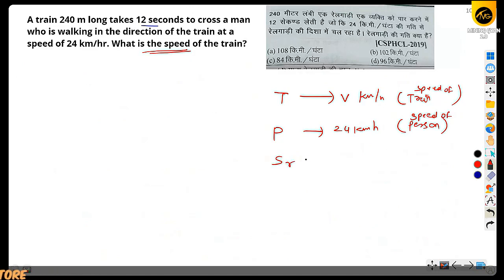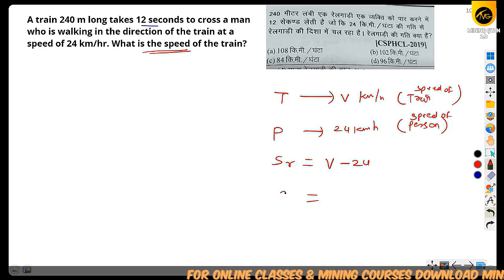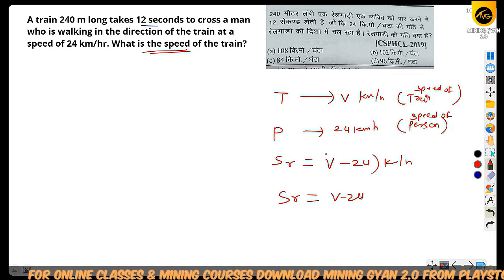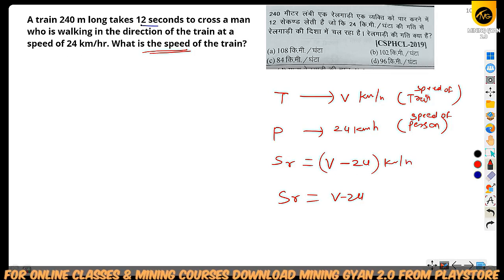The relative speed will be v minus 24 kilometers per hour, because the direction is the same, so you have to use the minus sign.